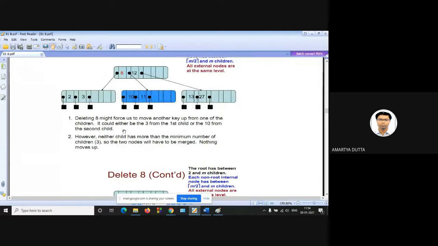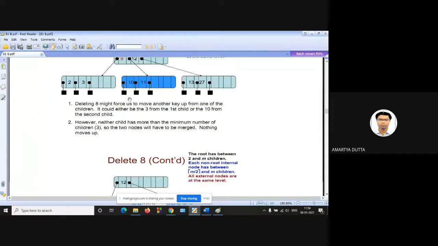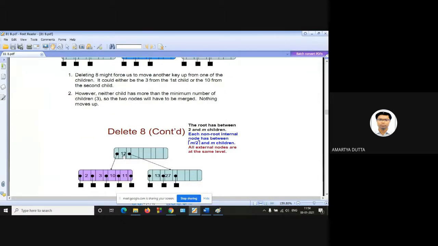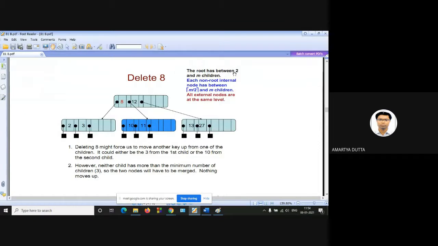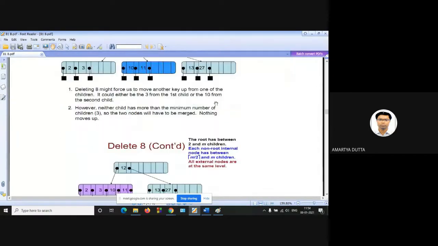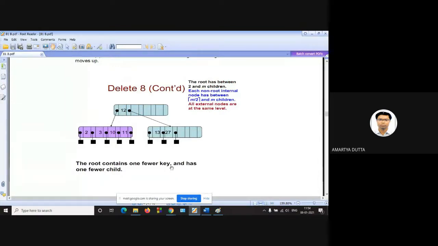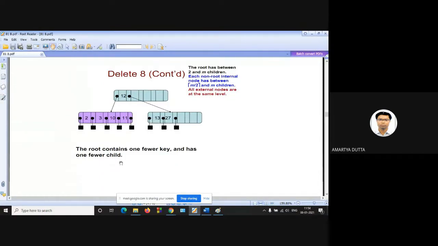So if we delete this 8, the rule is that 12 will be the root and merge the first and second children, because the root has between 2 and m children. Each non-root internal node has between ceiling of m by 2 and m children. All external nodes are in the same level. The root contains one fewer key and has one fewer child.